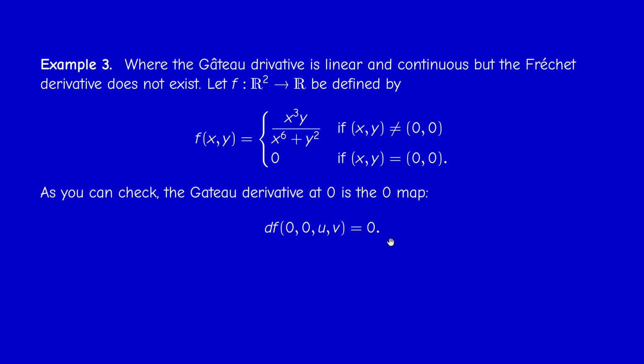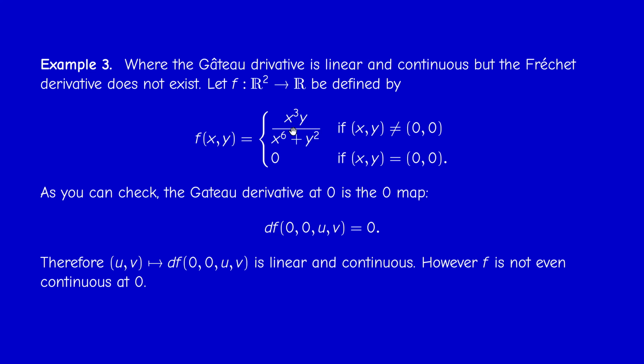So of course it's linear and continuous. But observe that here, if you use polar coordinates or anything you like, you will see that f is not even continuous at 0. Just use polar coordinates. Or, if you like, you may take, for example, the limit when x equals y along the first bisector, and see what happens.